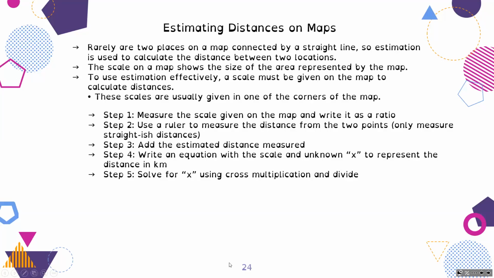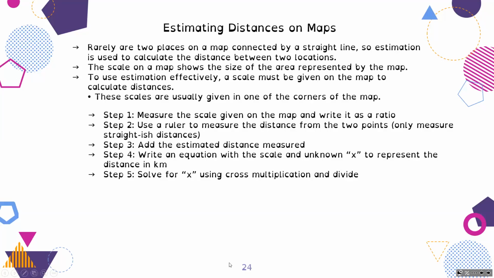So if you are estimating distances using a scale, these are the 5 steps you need to follow. Step 1, measure the scale given on the map and write it as a ratio so you know what your measurement is equal to. Then step 2, use a ruler to measure the distance between the 2 points. I suggest that you only measure straight-ish distances. Don't worry too much about winding around lots of little curves.